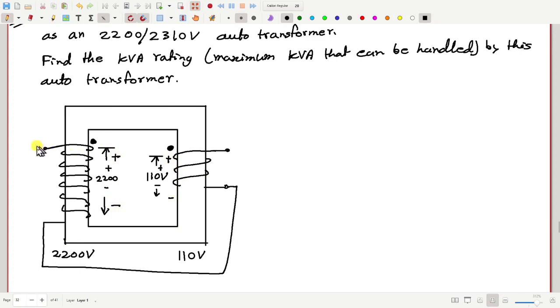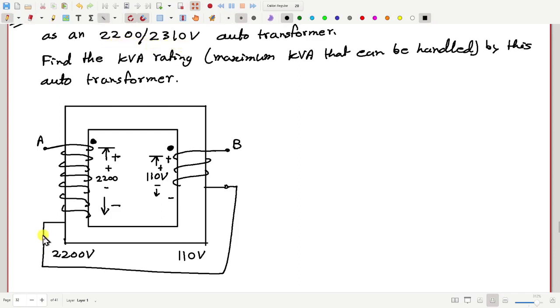So how much will be the resultant voltage between terminals A and B at a particular moment? That will be 2200 minus 110. But that's not what we want. We want 2310 volt, which is the summation of 2200 and 110.